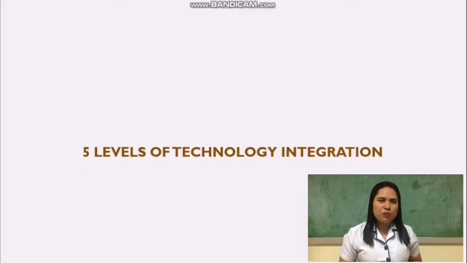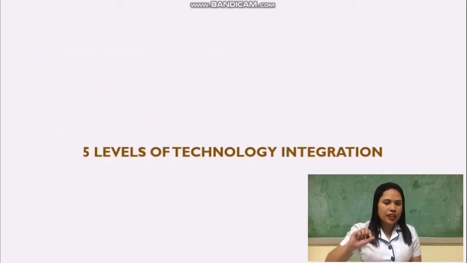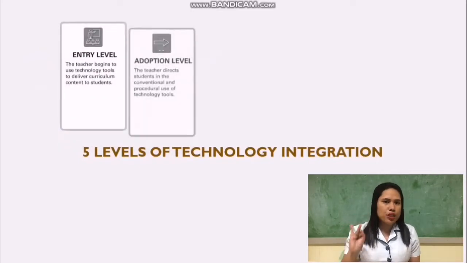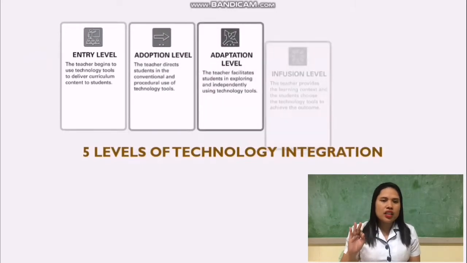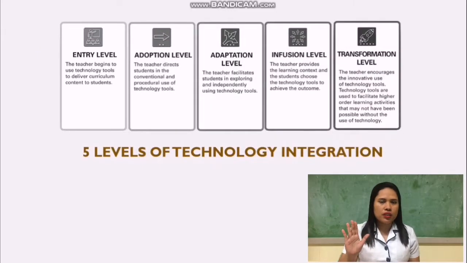I am going to discuss to you about the levels of technology integration and the TIM model. There are 5 levels of technology integration, namely the entry, the adoption, the adaptation, the infusion, and the transformation. So number 1 is entry.